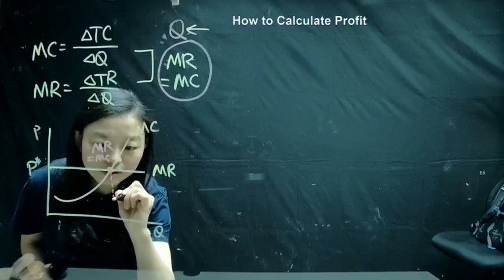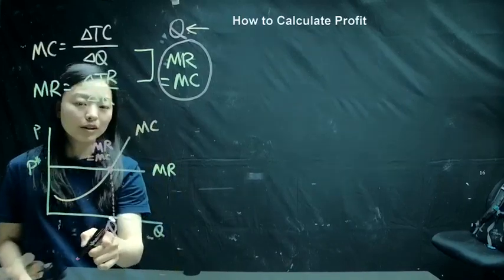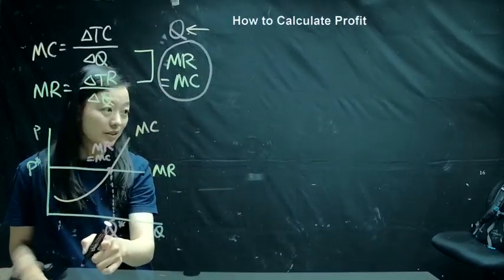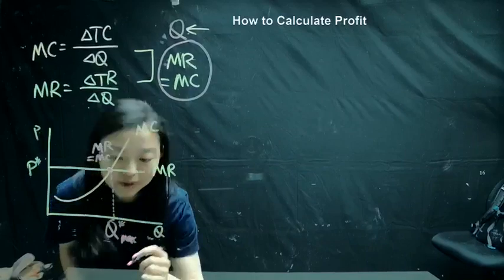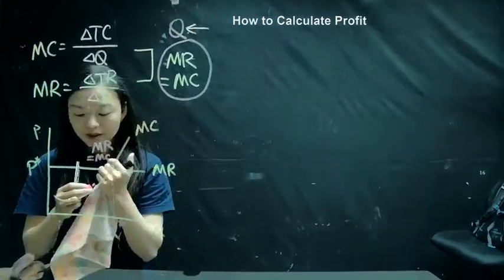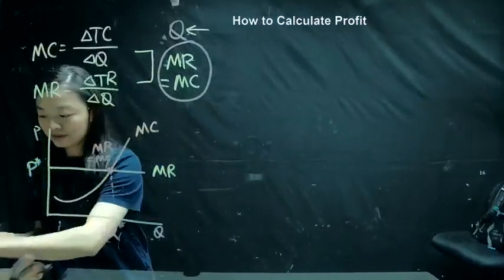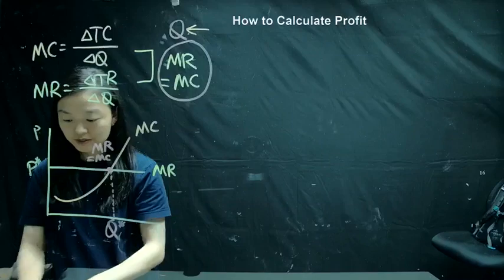So you can find a quantity here, and that could be the quantity that maximizes the profit. Then from this graph, can you tell which area will represent profit?